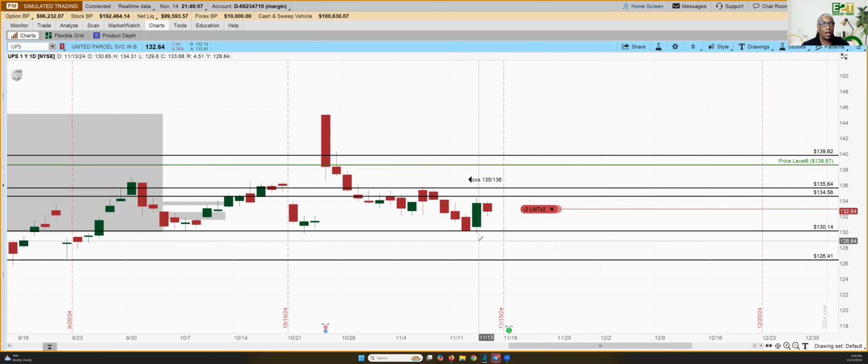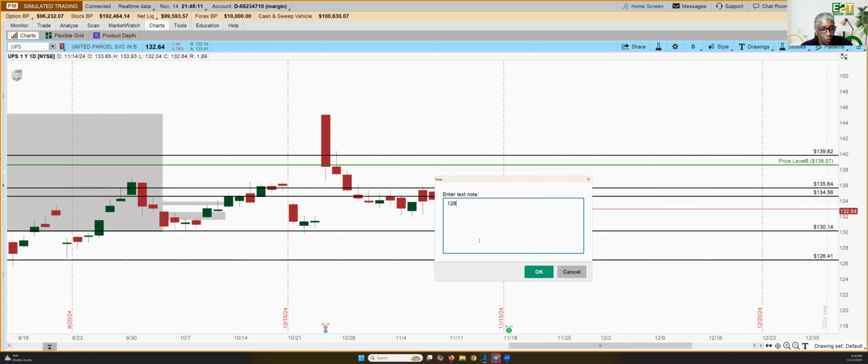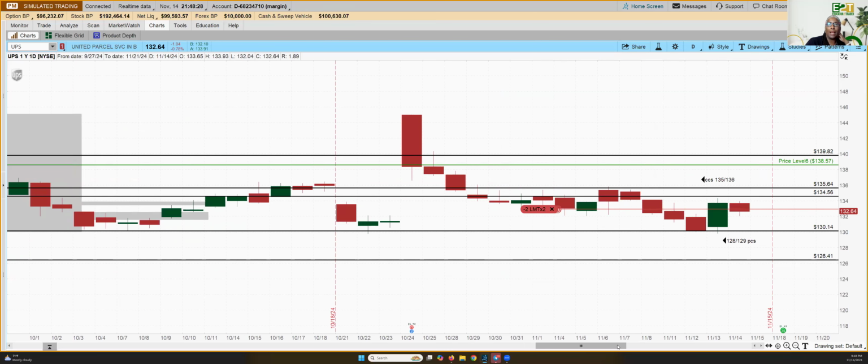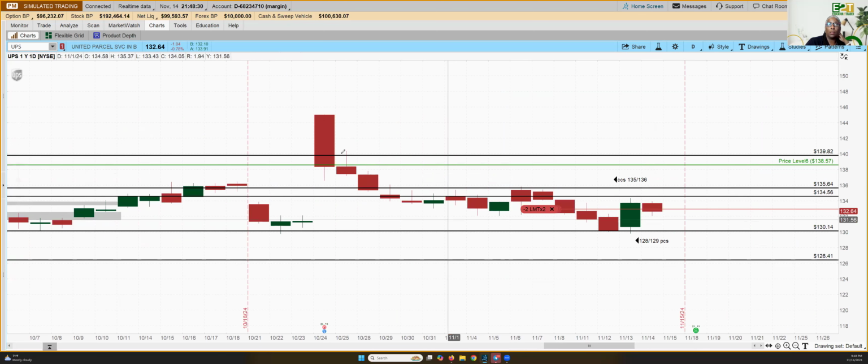And 128, 129 was a put credit spread. You probably could get 129, 130 if you were feeling a little more froggy, a little closer. Those two could potentially work for an iron condor next week, or whichever side you're comfortable with.